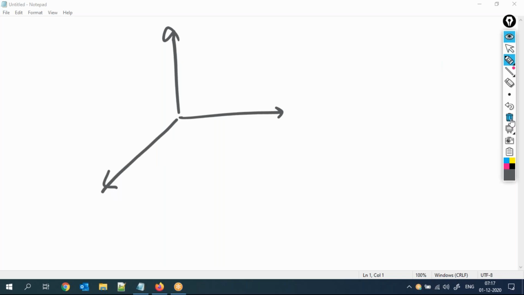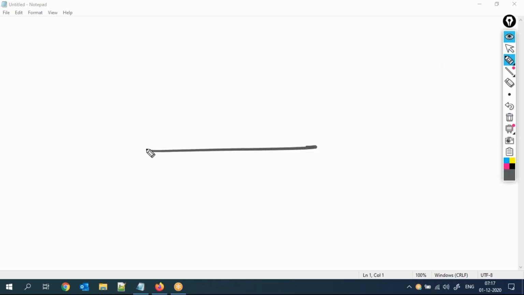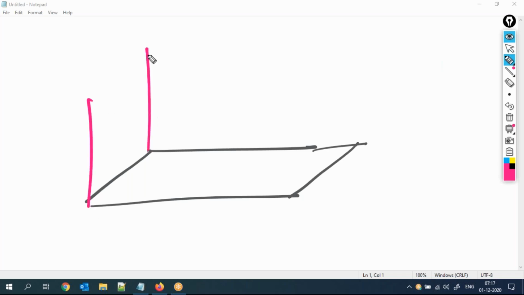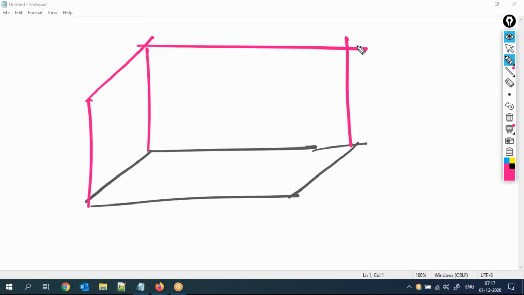This is X, Y, Z. Is this okay? These are three directions, right?